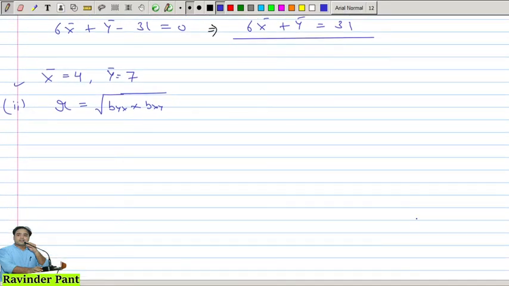How? Okay. So let us assume that the first equation is for y on x. The y on x regression equation is 3x plus 2y minus 26 is equal to 0.